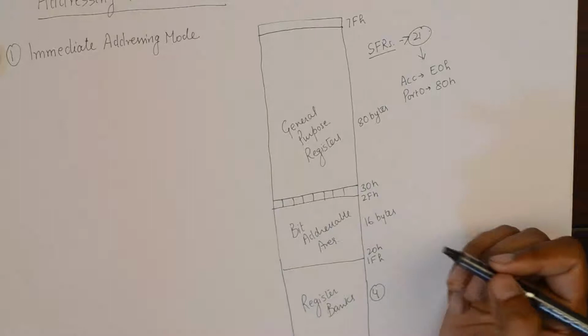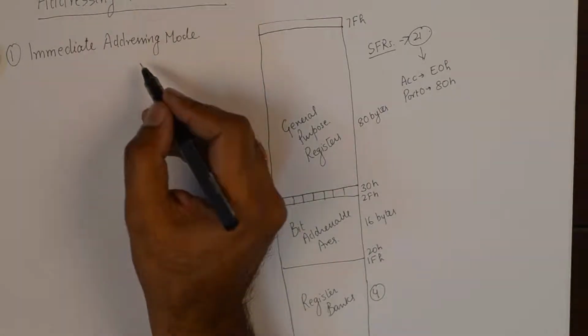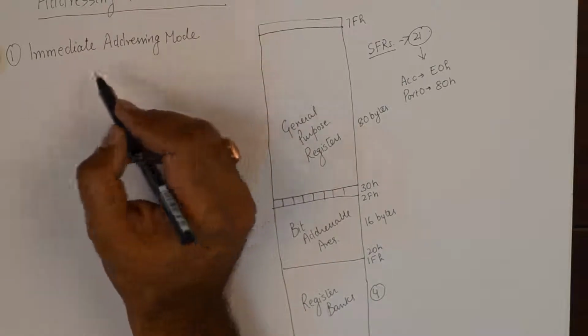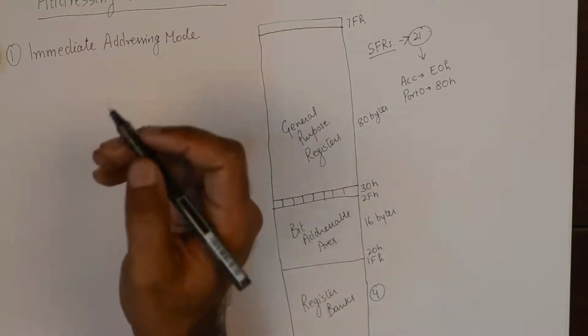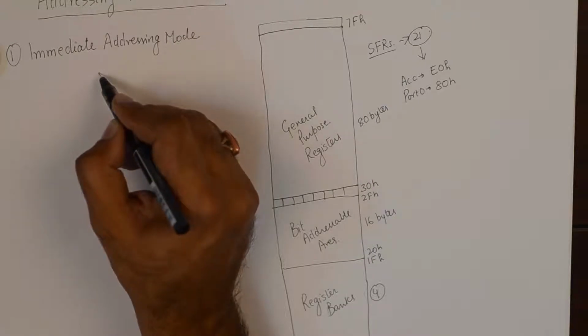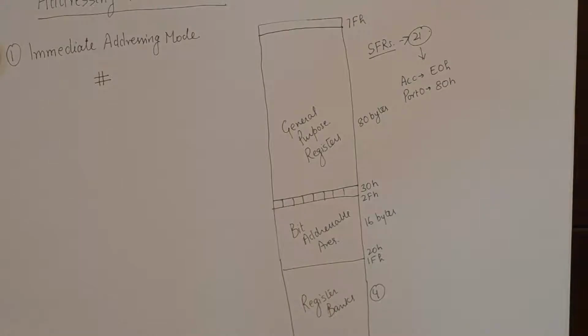So how can we move a specific number into a specific register? For that we'll use immediate addressing mode, and any immediate data, any immediate number that you would want to move is specified by the symbol hash.